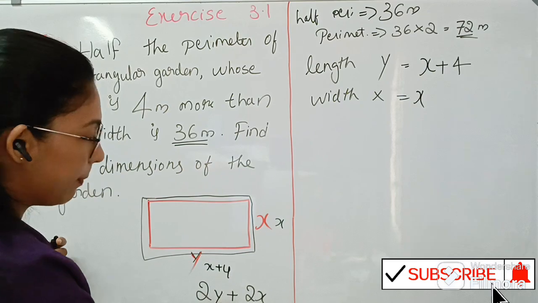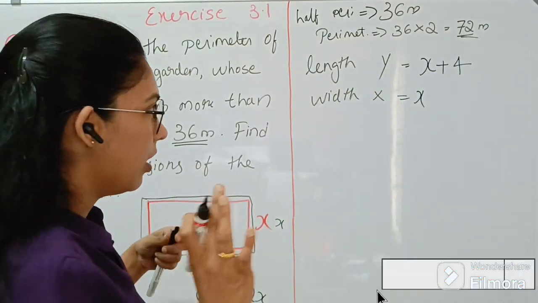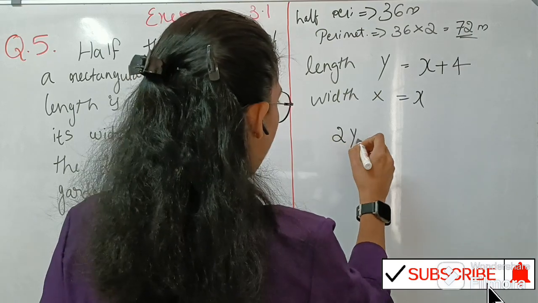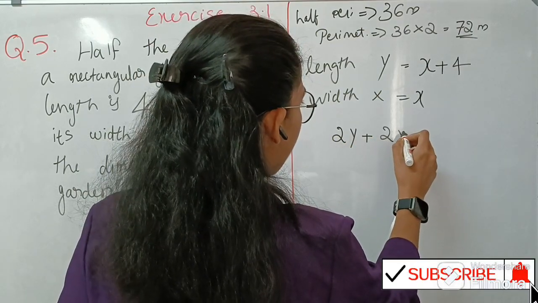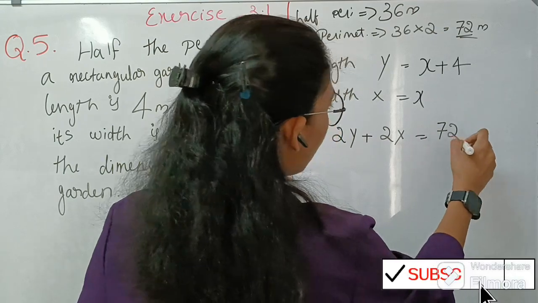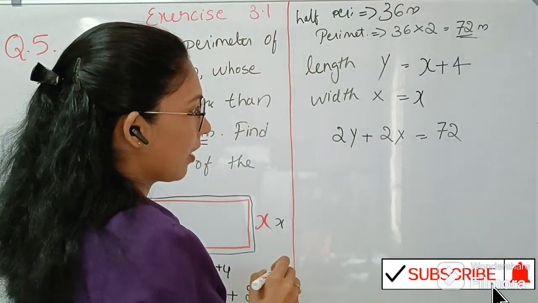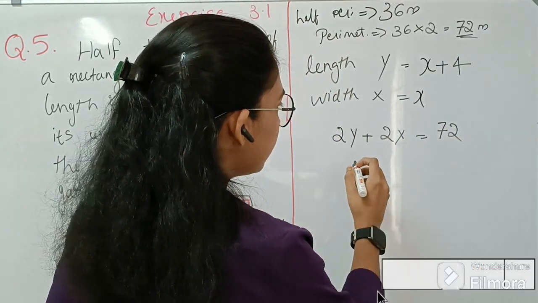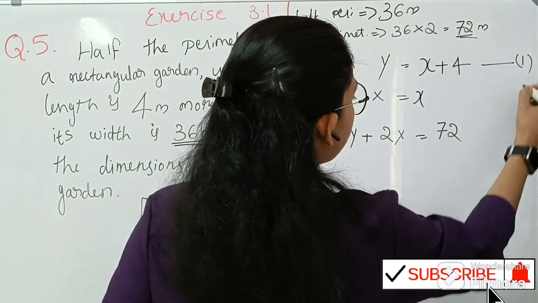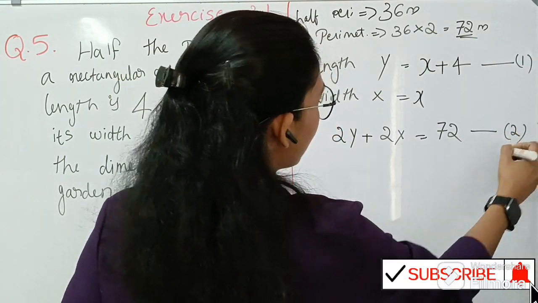So we can write 2y plus 2x as perimeter. So here, 2 times y plus 2 times x is equal to 72. Okay. So now this is equation number 1 and this is equation number 2.